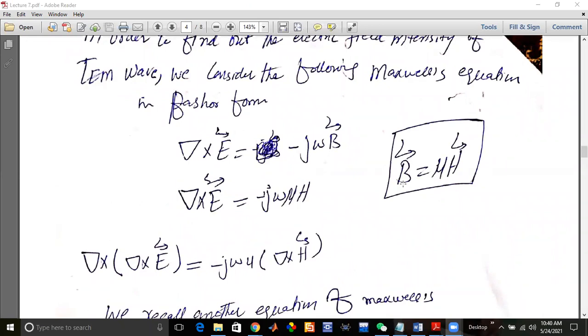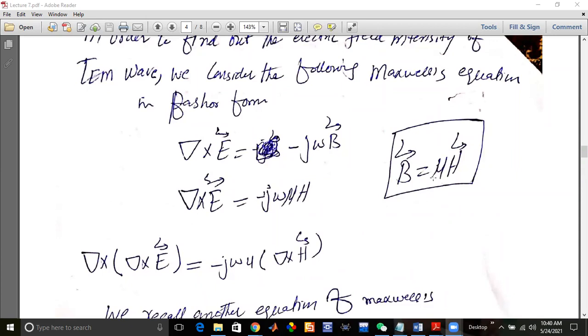You know that the relation between the magnetic flux density B and the magnetic field intensity H is that B is equal to mu times H, and mu is the permeability of the medium.